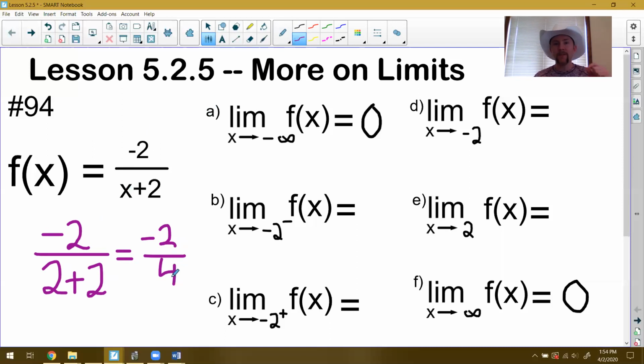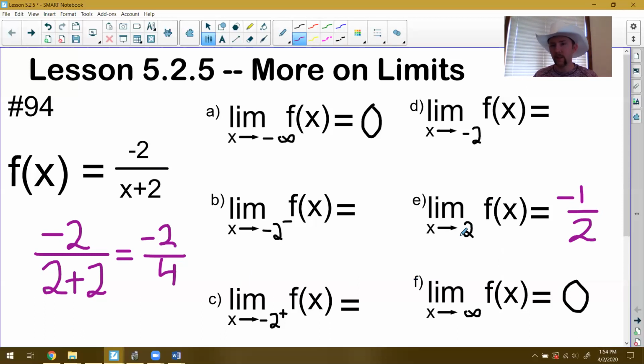And when we have a function that's not a piecewise function, if you plug the x value in and you get a number, it's just fine. Like in this case, we get a fraction, negative 1/2. That is going to equal your two-sided limit, okay?